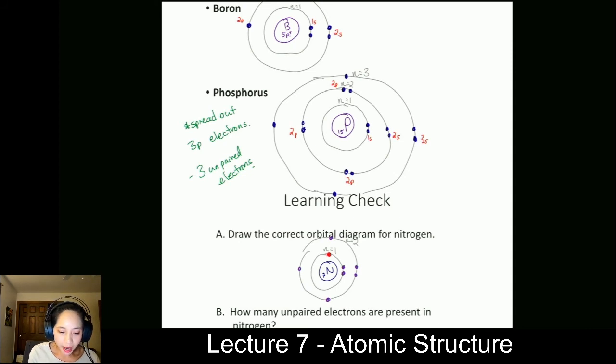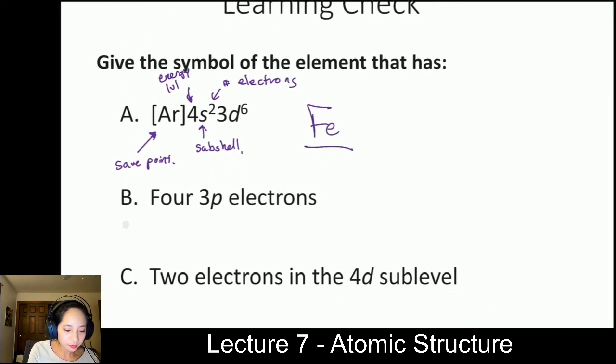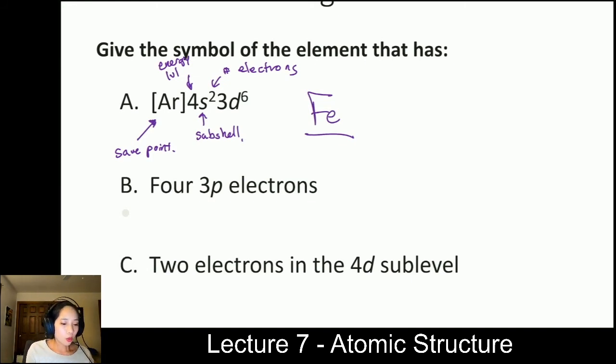All of them have 2 electrons in n equals 1, so all of them essentially have a helium structure. So we could use our checkpoint to write out the electron configuration a little bit faster, like we have here.